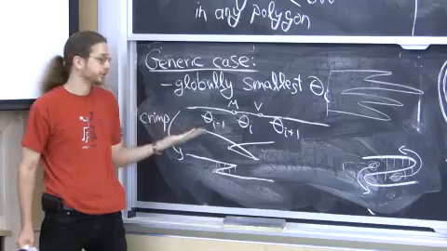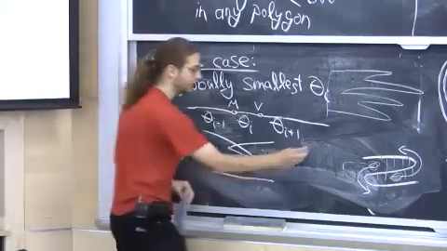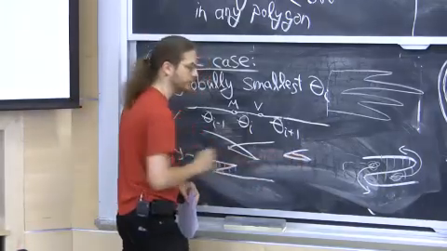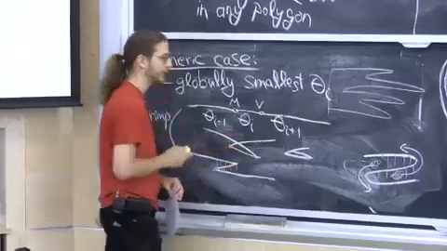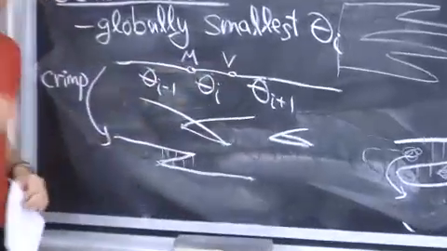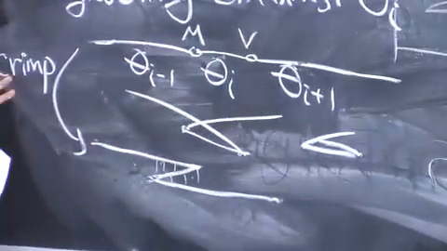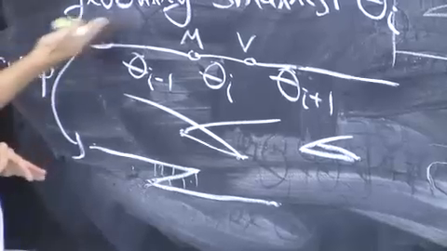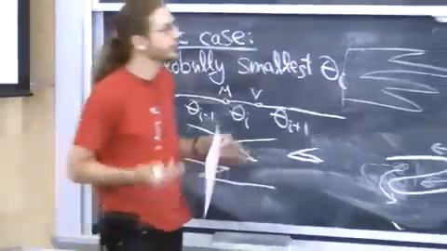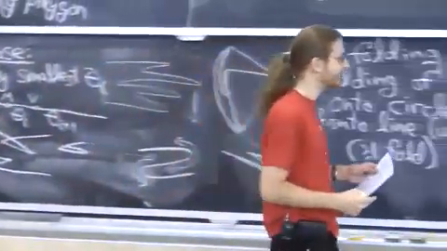We don't. If they're equal, two valleys is valid if these three angles are equal. But I claim still somewhere there's got to be a crimp. There's no longer a notion of the globally smallest angle because some of them are equal. We've got to find that crimp, but it's out there. So we just need to prove that it exists.